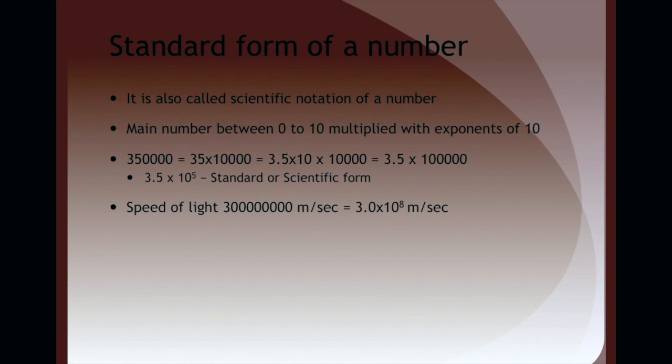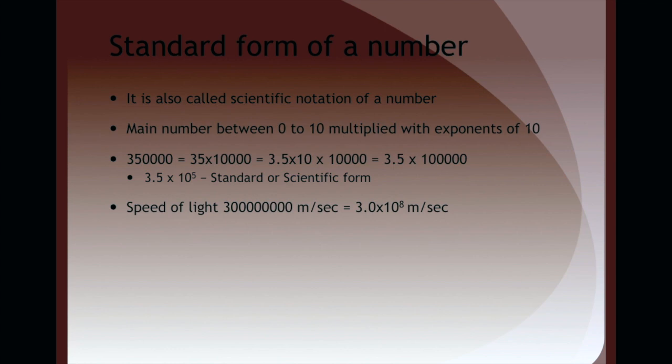Because scientists are doing a lot of calculations, experiments and discoveries, and they need to work with very large numbers or very small numbers. So writing a large number is really tough or not convenient. To make it convenient, they are writing in this scientific or standard form.